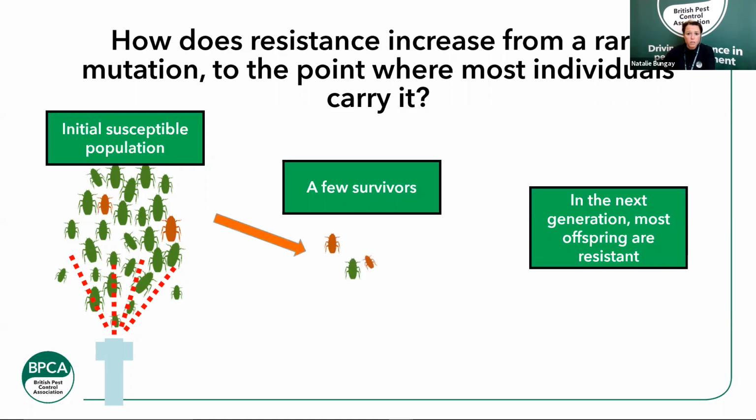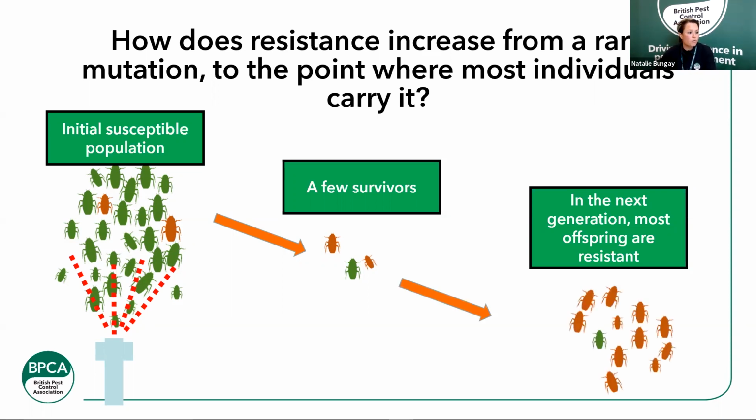I've killed all those green ones with my amazing product. However, a few survivors will remain because you've got two there that have the resistant gene. Now, it might be the penetration one or the detoxification one. We won't really know, but they've got a resistance of some form. And those two are surviving, as well as maybe an odd one. It happens sometimes. But the problem with that is that in the next generation, most offspring are now resistant.